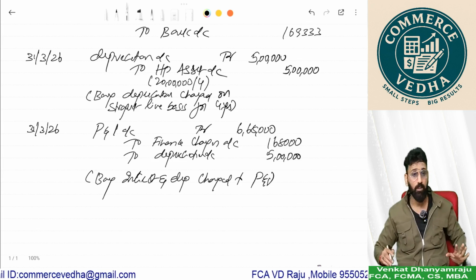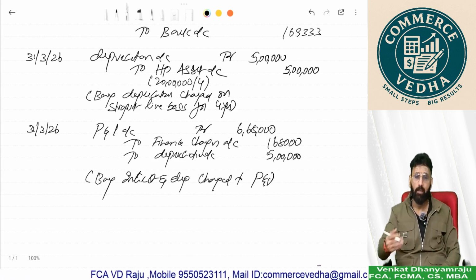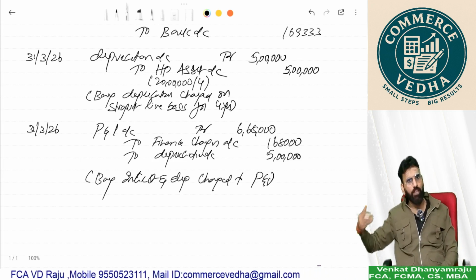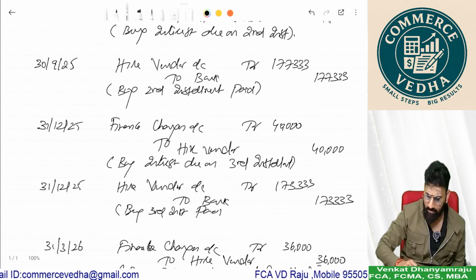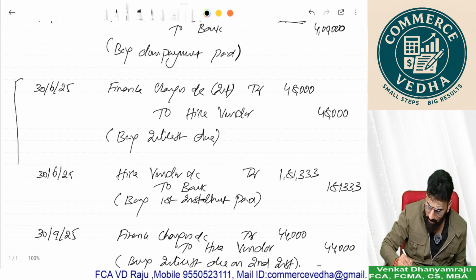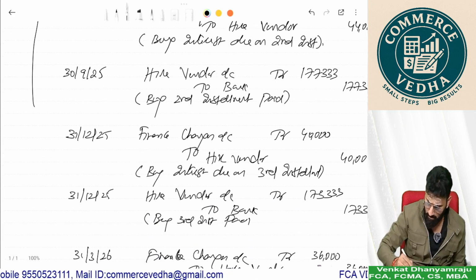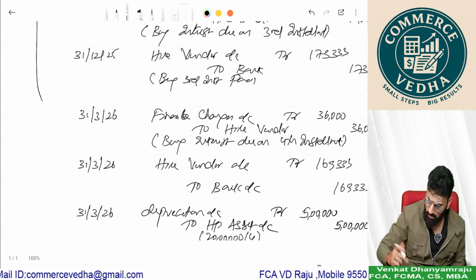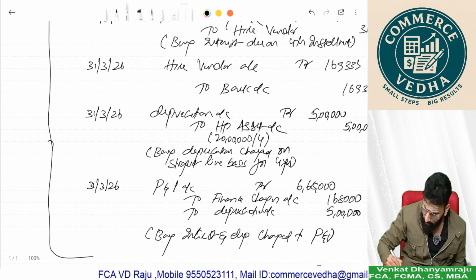P&L. With this, first 4 installments are completed, and same thing will be repeated every year, from this particular entry till this particular entry.